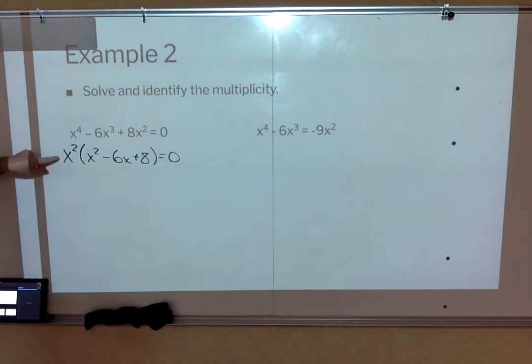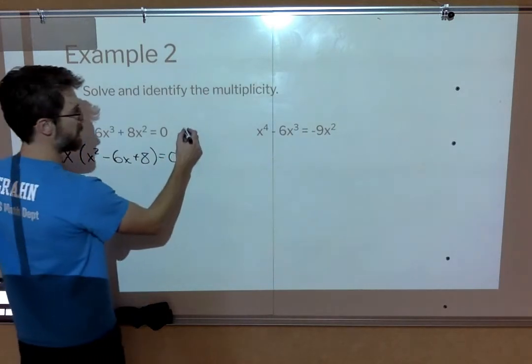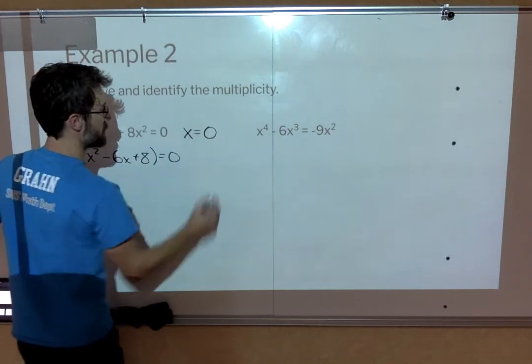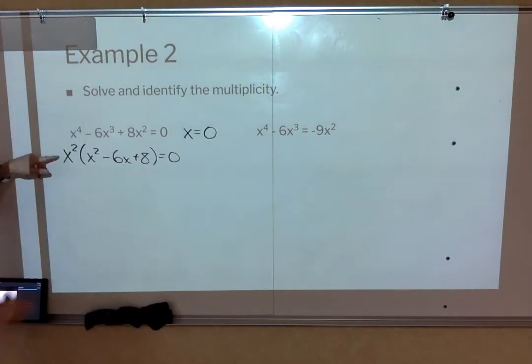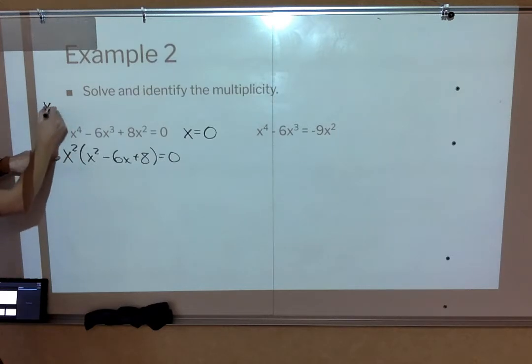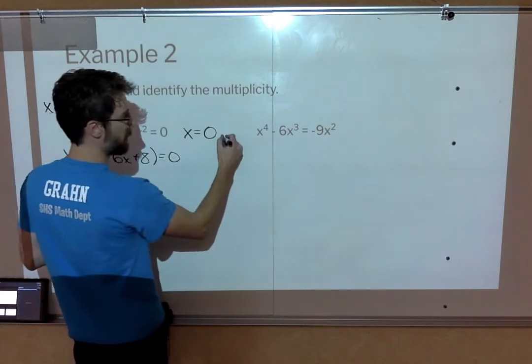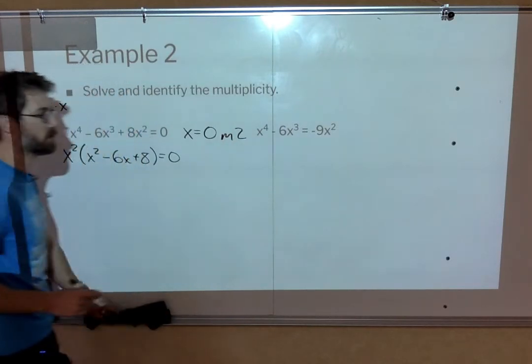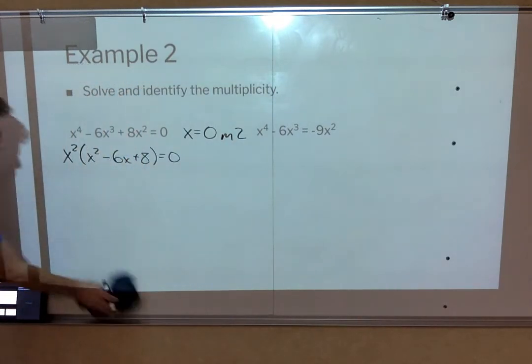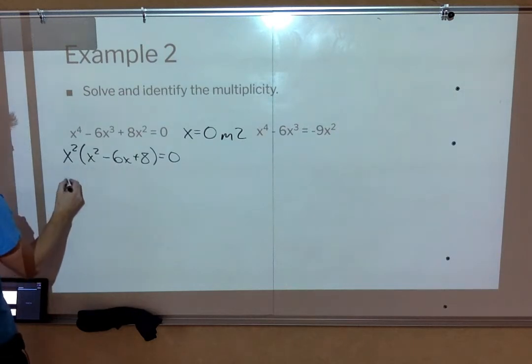Now, x squared, x is a factor, so I know that x equals 0 is a solution. And because it's x squared, it's really the same as x times x, right? So 0 is a solution twice. So 0 has a multiplicity of 2. So 0m2 for that one. Now I'll find the other 2 by factoring this.